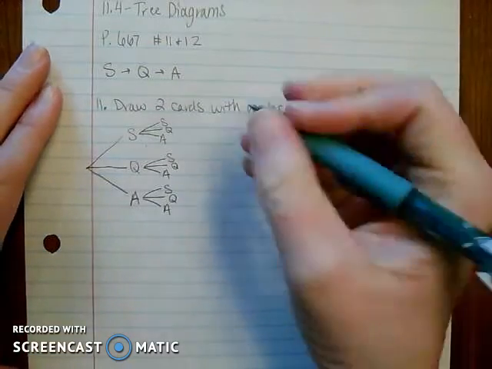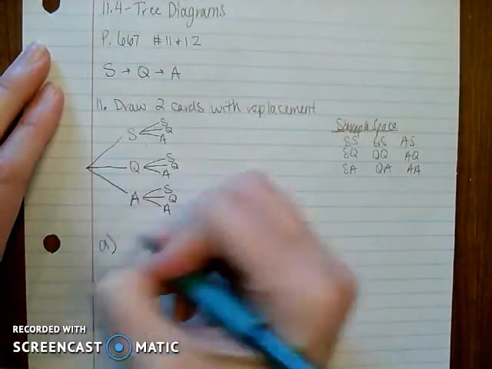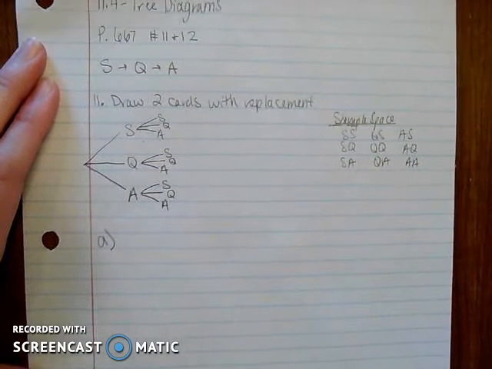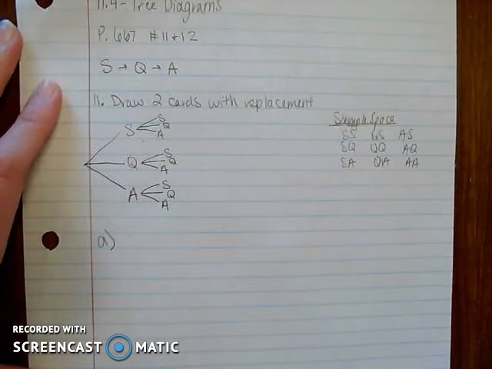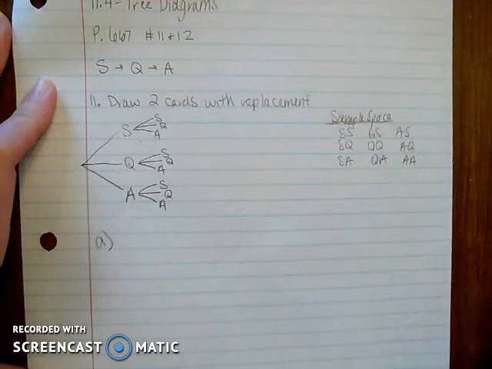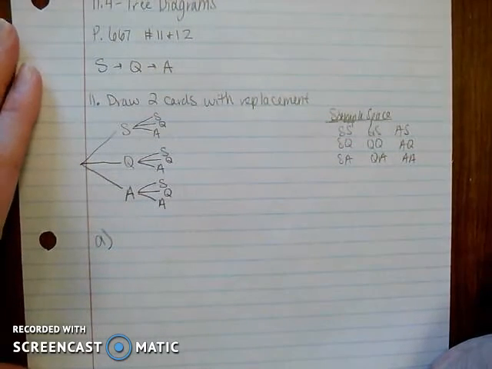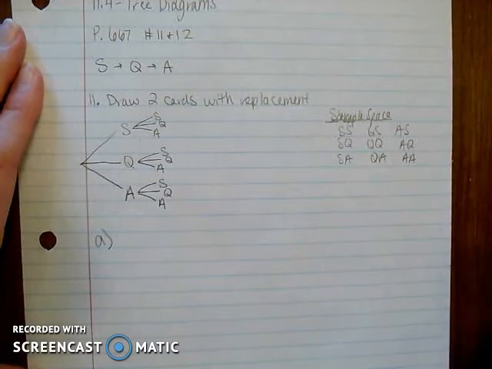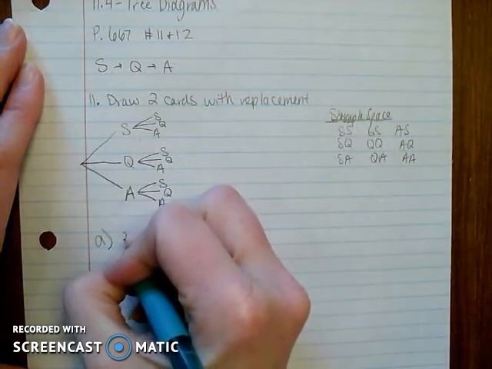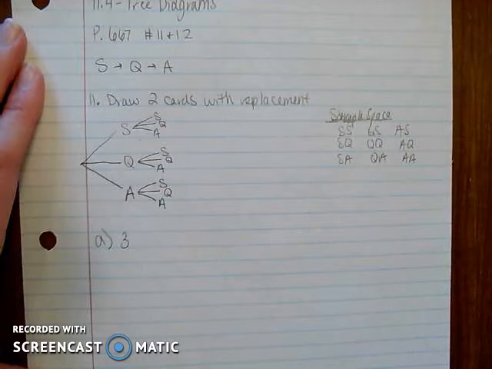All right. Part A wants to know how many possible outcomes there are. So there's 2 ways to do this. The easy way, what I consider, is you can do something called the counting principle. And here's what it means. How many options do you have for your first card? 3 of them. You can get a sun, a question mark, or an apple.